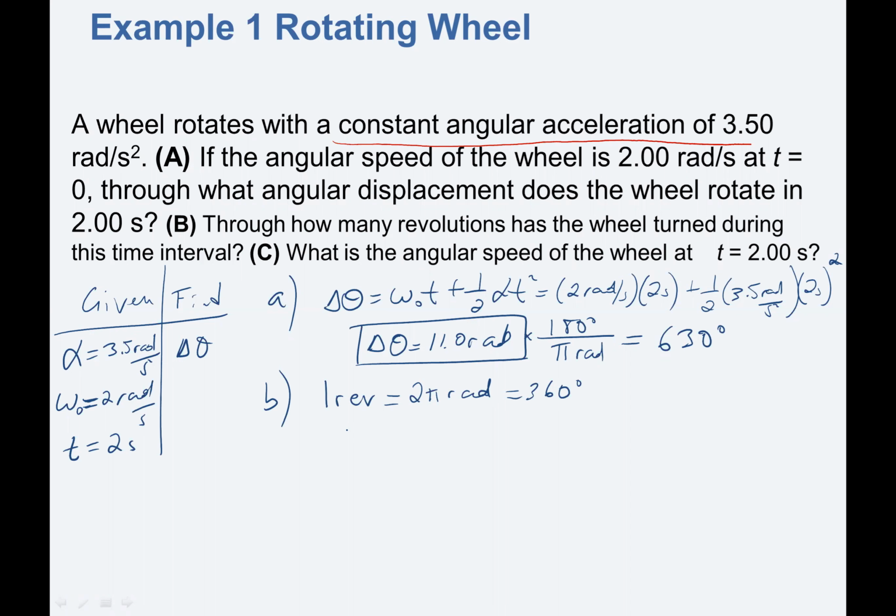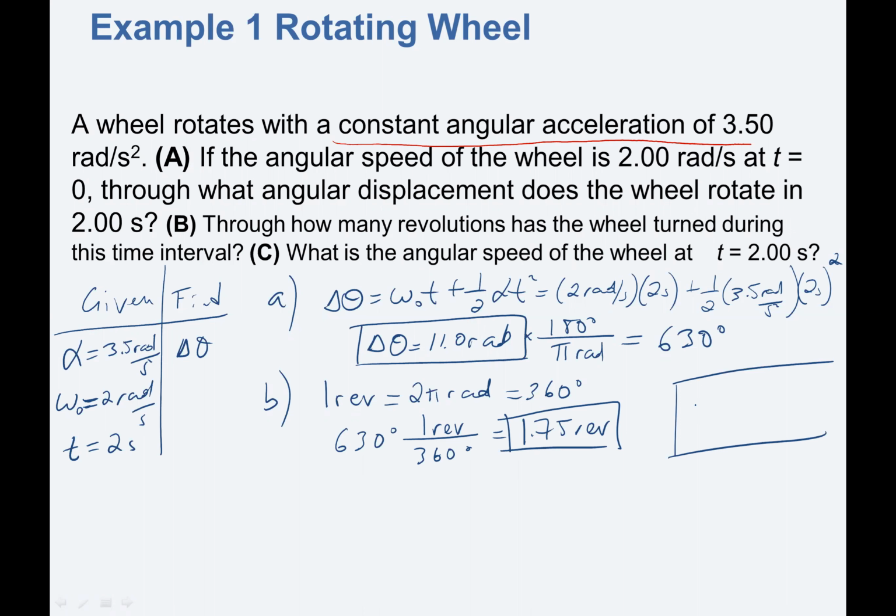So if you take 630 degrees, where 360 degrees is one revolution, then you're going to get 1.75 revolutions. Okay, so you can represent that in terms of revolutions. Sometimes, for example, this has nothing to do with this problem, you're given something as 80 RPM.